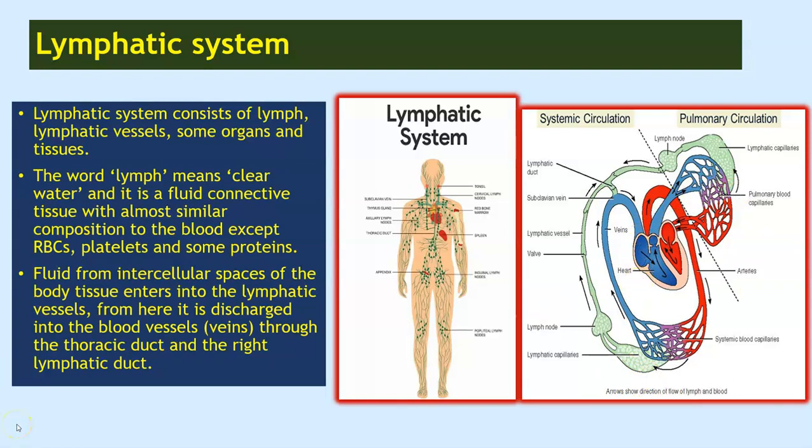Now the functions of your lymphatic system: they drain out the excess tissue fluids from the extracellular space back into the blood, transport carbon dioxide and metabolic waste from the tissue fluids, and transport lymphocytes and antibodies from the lymph nodes to the blood. They also transport absorbed fats from the intestine to the blood, and destruction of the invading microorganisms and foreign particles is carried out in the lymph node.